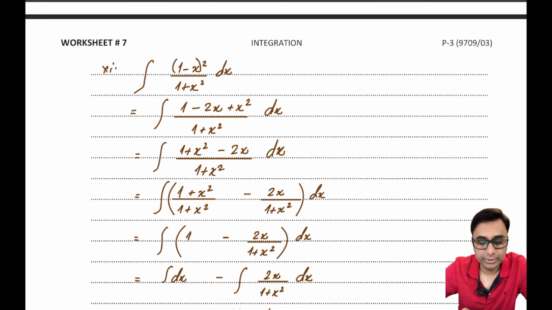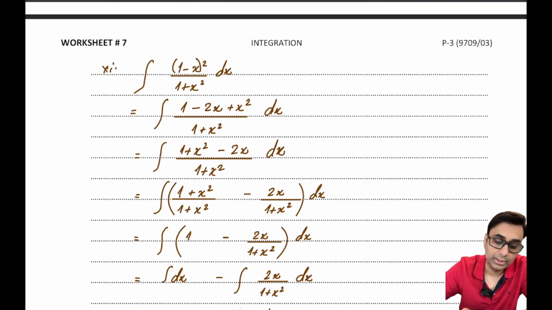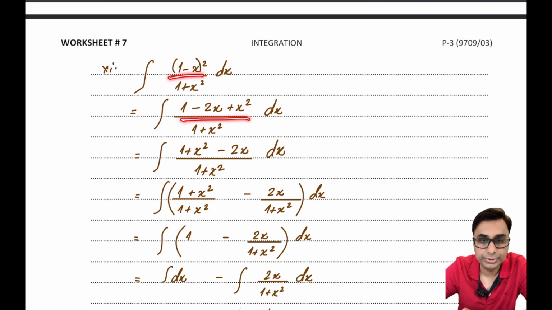Sometimes again, as I said, there could be some trickier questions and you have to make some more adjustments. Like for example, I had (1 minus x) whole squared over 1 plus x squared. So it was not very directly integrable, but I first of all expanded it: 1 minus 2x plus x squared, then 1 plus x squared minus 2x, and I separated them out.